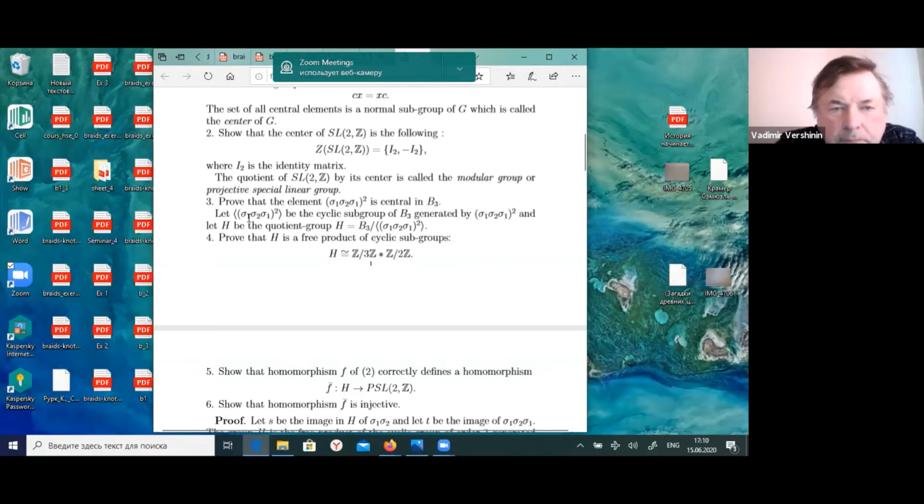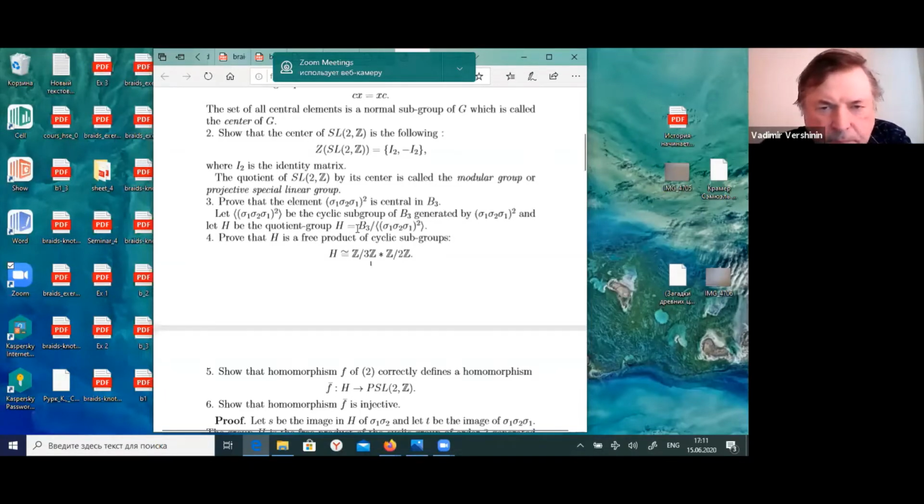So we consider, you made the exercise that this element is central. Actually, it is the generator of the center, but we don't need it. So this element is central. Sigma 1, sigma 2, sigma 1 squared is the generator of the center of the braid group B3.